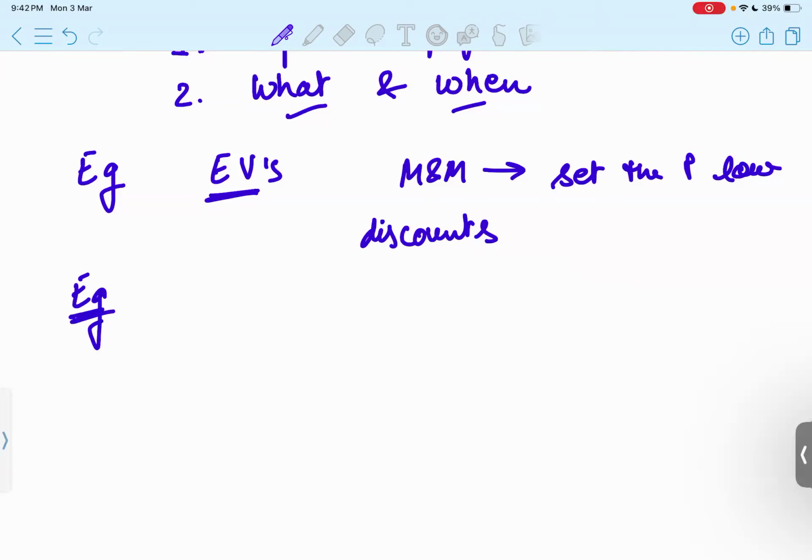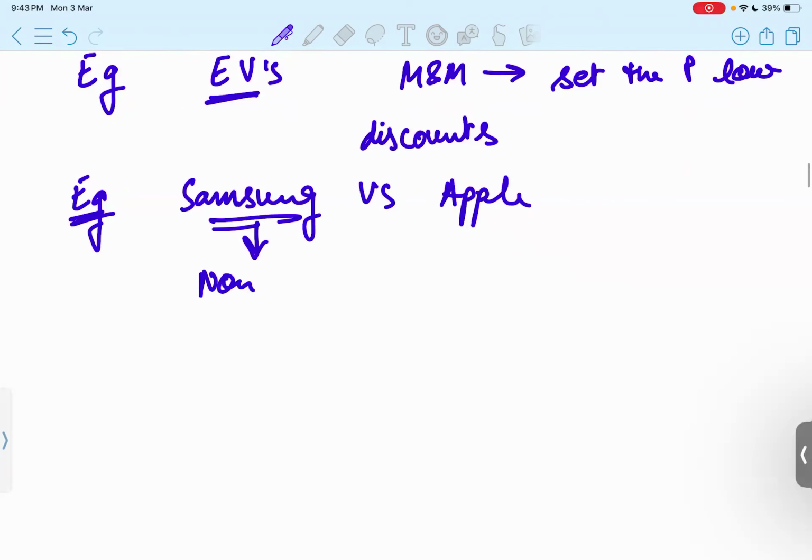Another example is the smartphone industry, for example, the two major players, Samsung versus Apple. In the case of Samsung, we have seen non-price competition in the form of the design of the phones being manufactured and launched by Samsung.